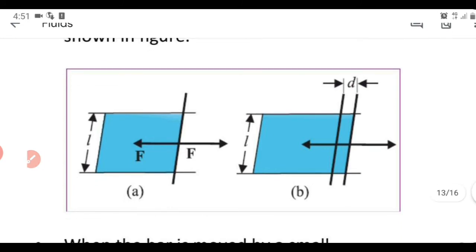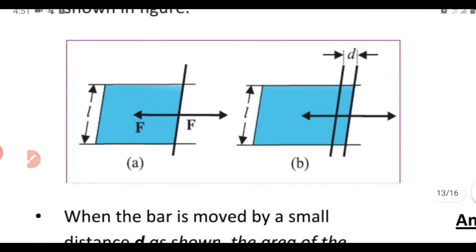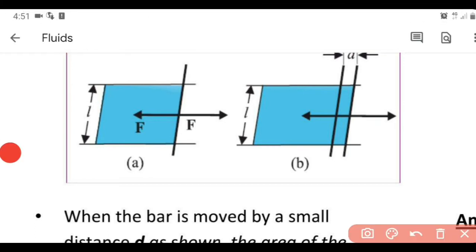Now we are applying a force. On this movable part, force is acting, because here we have an interface between the liquid and the air. So there is surface tension, and because of that force, it acts as a stretched elastic membrane.